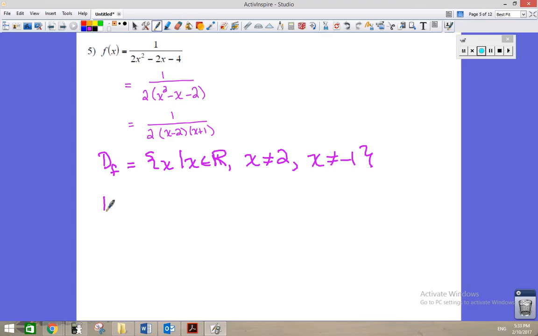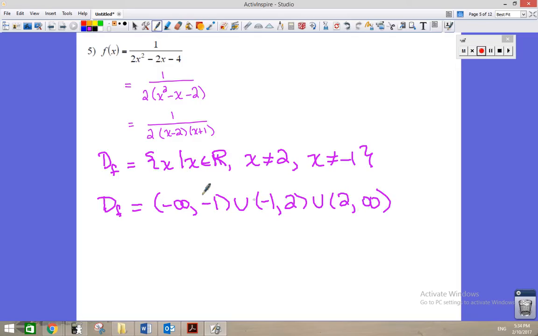You could choose to write this domain in interval notation from negative infinity to negative 1, because negative 1 is smaller than positive 2, so it's to the left of positive 2, and you throw out 2. So either one of these is acceptable for the domain.